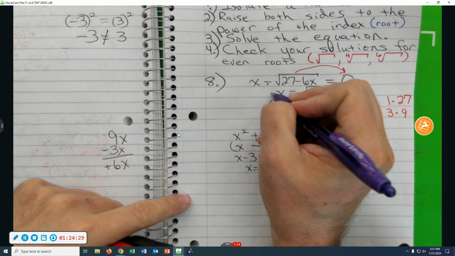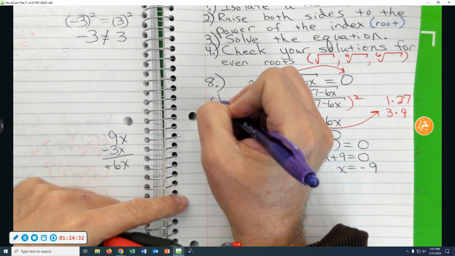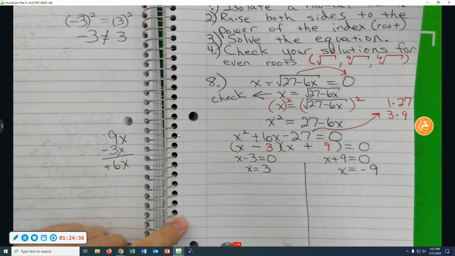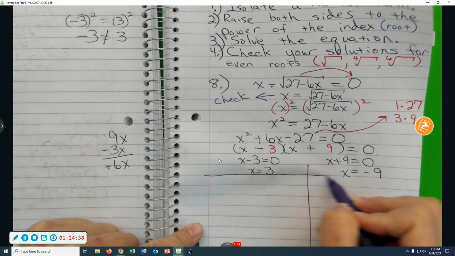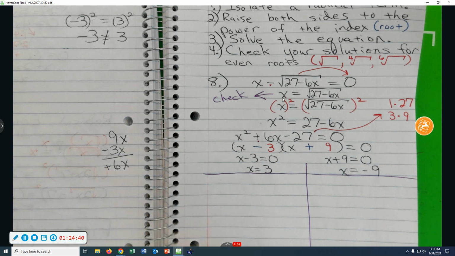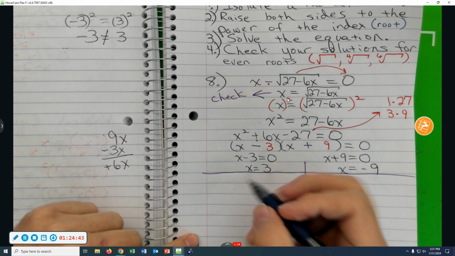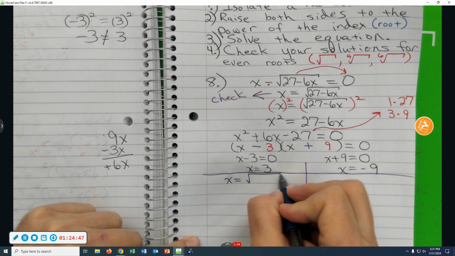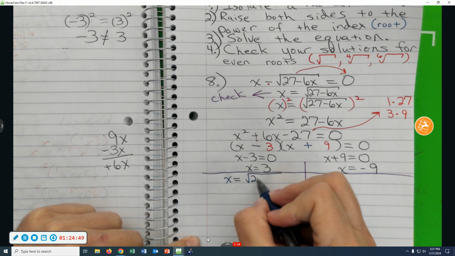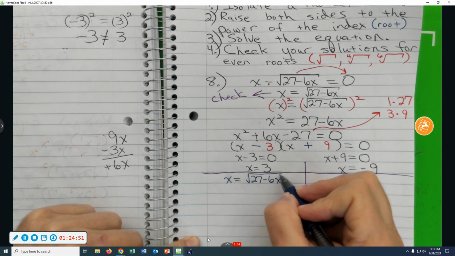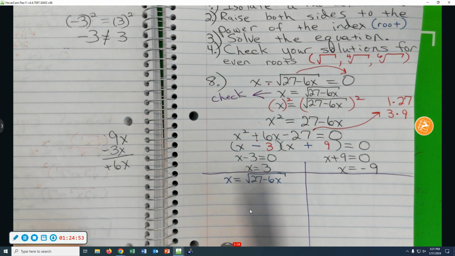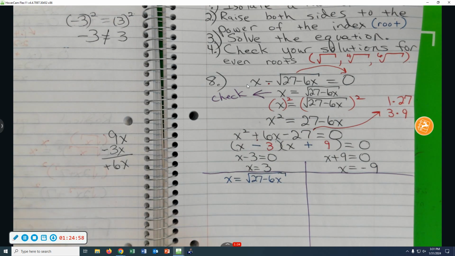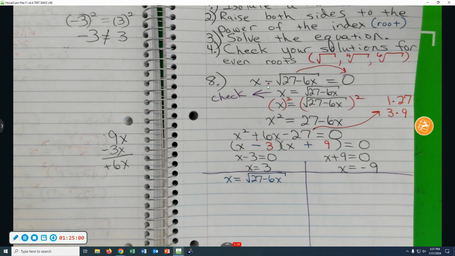The isolated form is what I'm going to use for checking. I'm going to plug in the number 3 to see, does the left side equal the right side? I'm using x equals the square root of 27 minus 6x. If you view an example, they probably use the original form for checking, but it is easier to check if you use the isolated form.